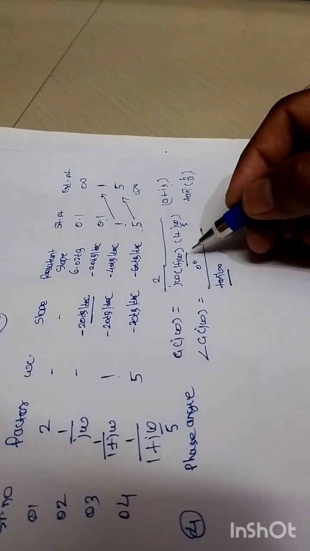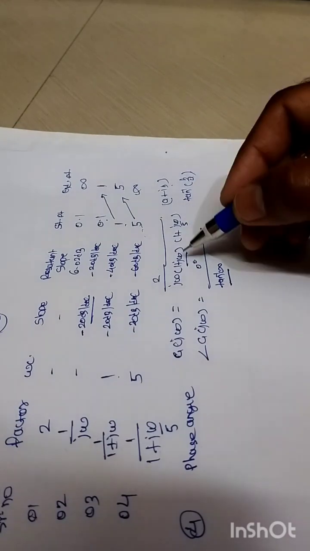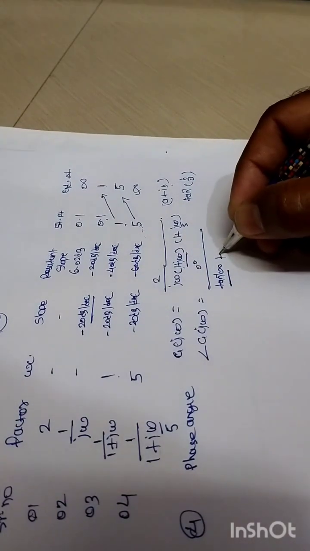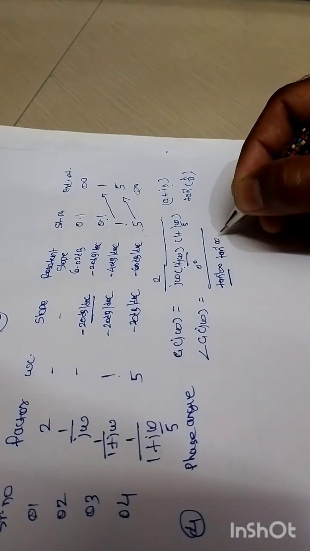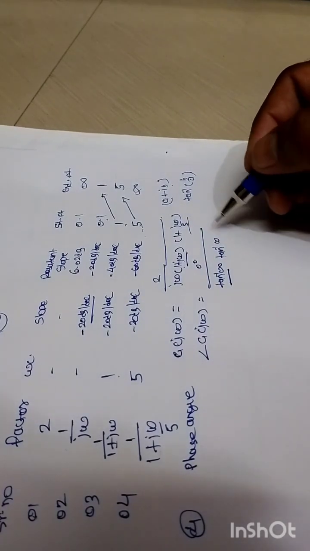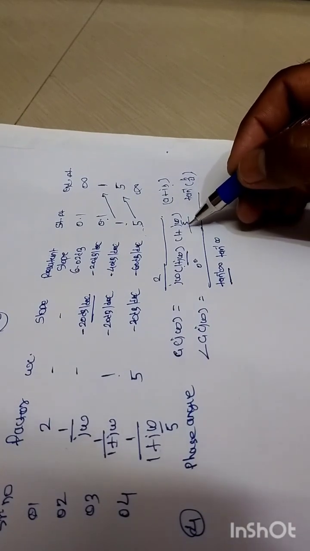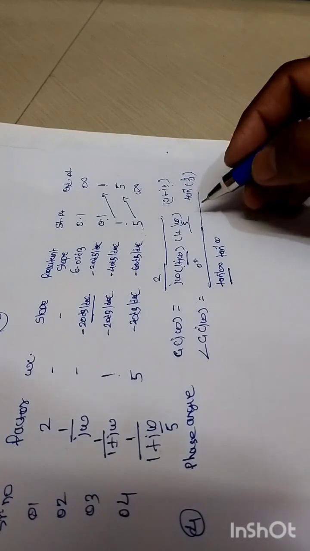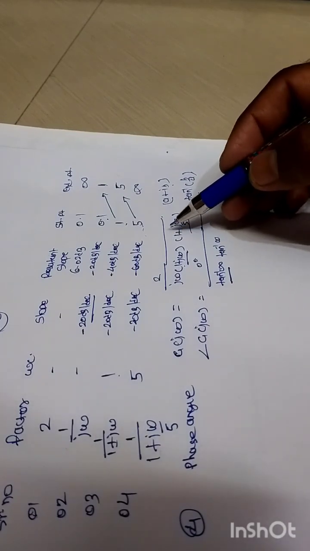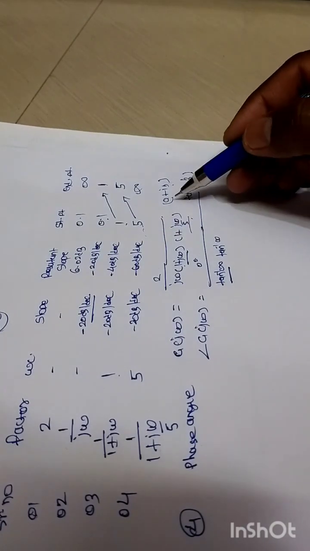Second factor: it is 1 plus jω, so it is tan inverse of b by a. Its real part is 1 and imaginary part is also ω, so it becomes tan inverse of ω by 1, meaning tan inverse of ω. As far as the third factor is concerned, it is the factor number 4 but pole number 3, right? So its value is 1 divided by 1 plus jω upon 5, a plus ib, right?